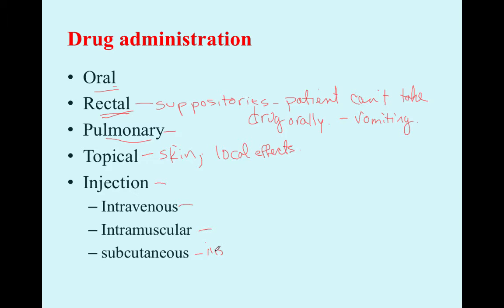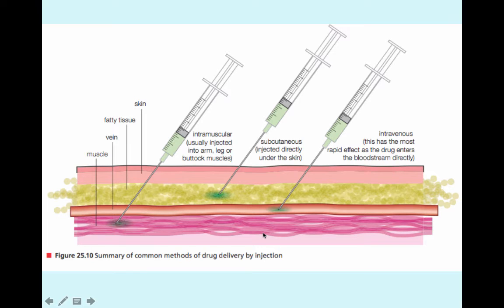Interestingly, insulin is done subcutaneously. To give you an idea of what this means, intramuscular is into the muscles, subcutaneous is right under the skin, and then intravenous is into the blood. This is the quickest acting, right into the bloodstream.